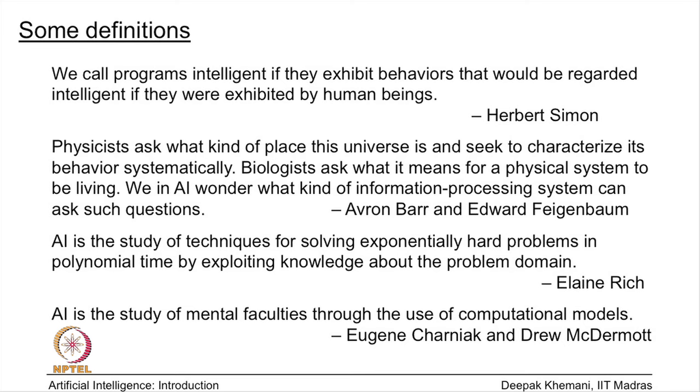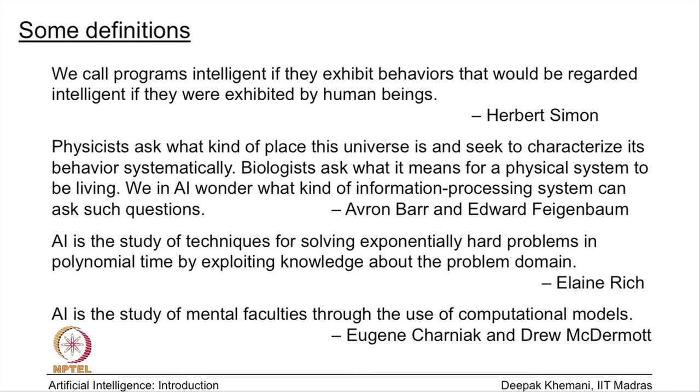And one more definition, which is due to Charniak and McDermott, who also wrote a very famous and very popular book on AI, which I use for part of my section. I do not think I mentioned it, maybe I should add it to the list there. They talk about AI being the study of mental faculties through the use of computational models. So, we had said earlier that there are two approaches to AI.